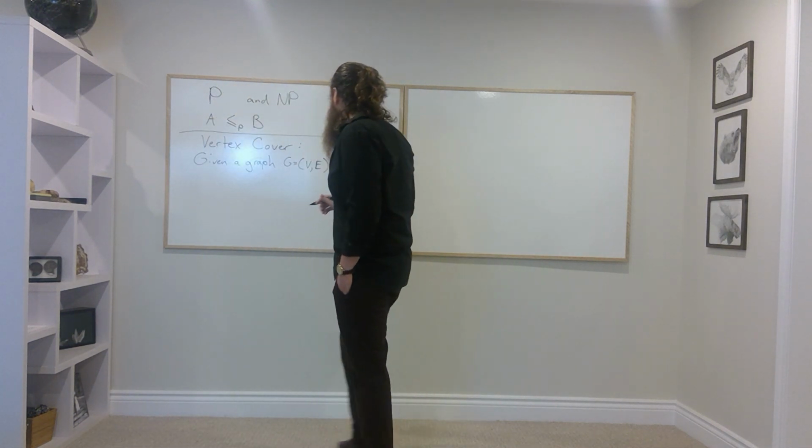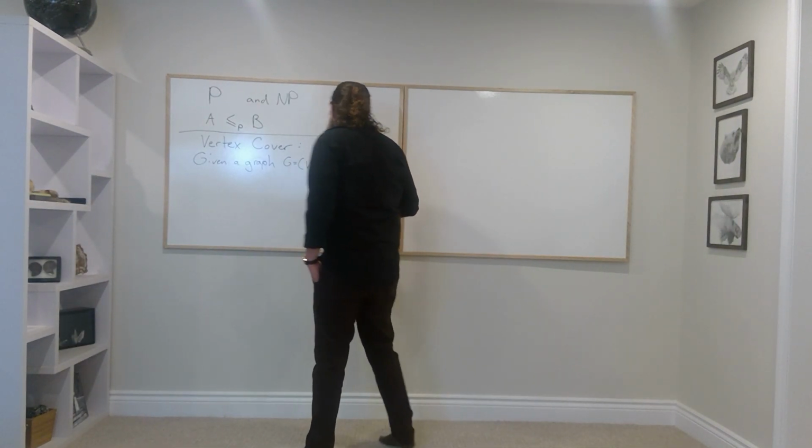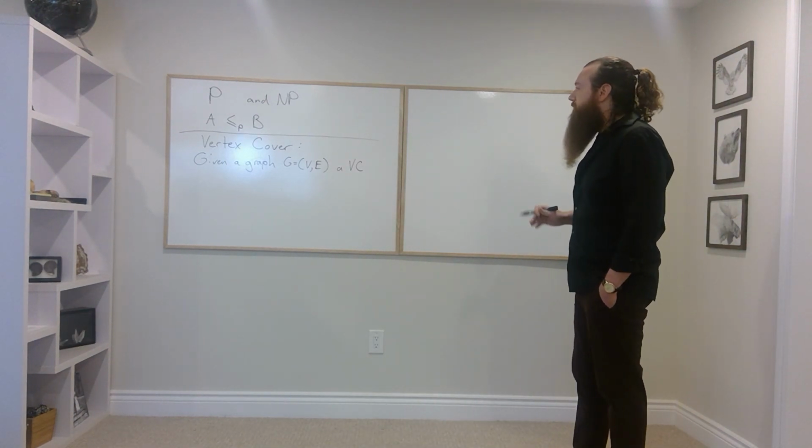Given a graph G equals (V, E), a vertex cover, and I'm lazy, these whiteboards aren't the biggest, so I'm just going to write VC for vertex cover.